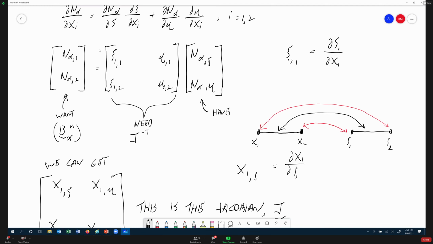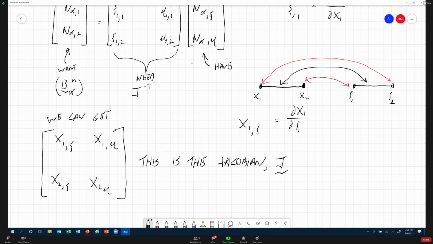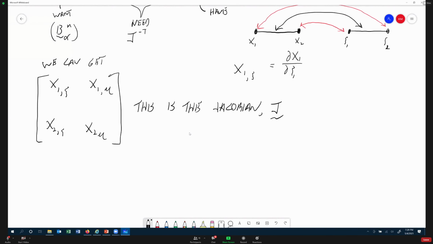Okay, so the Jacobian is partial derivatives, and it's related to our mapping. In this particular case, this is the Jacobian of the isoparametric transformation. I should have written that up higher.